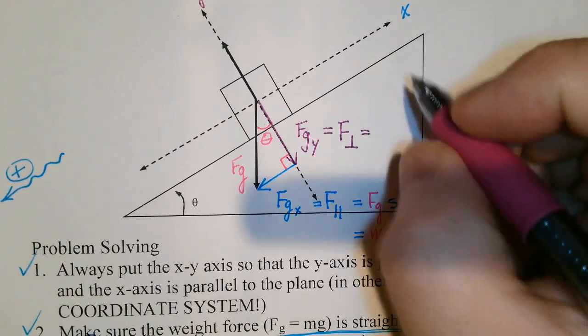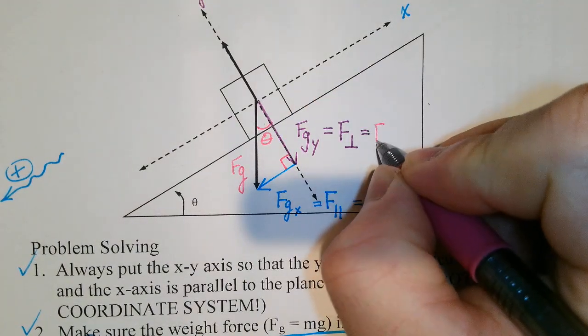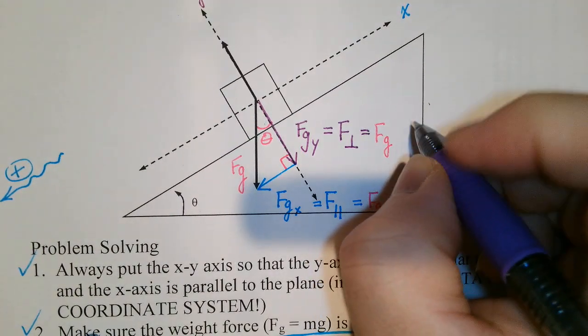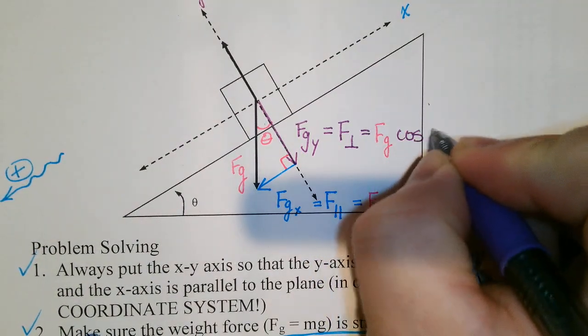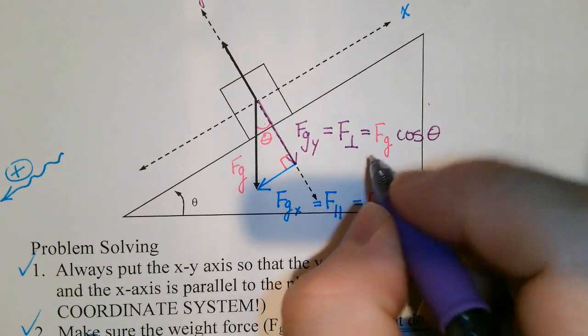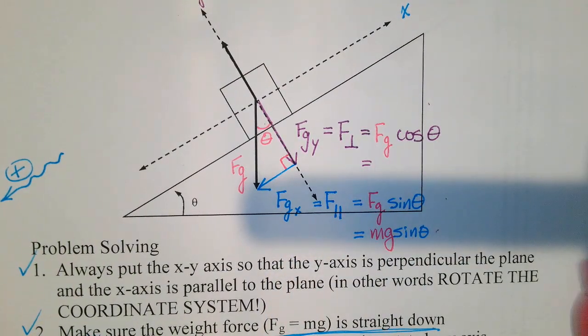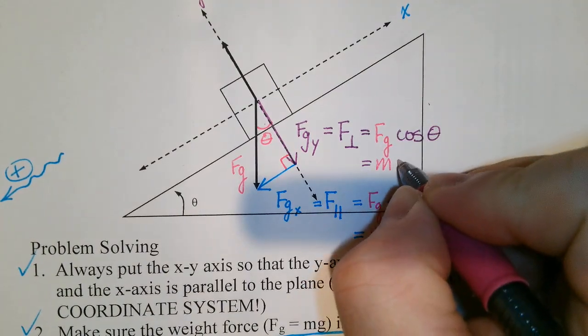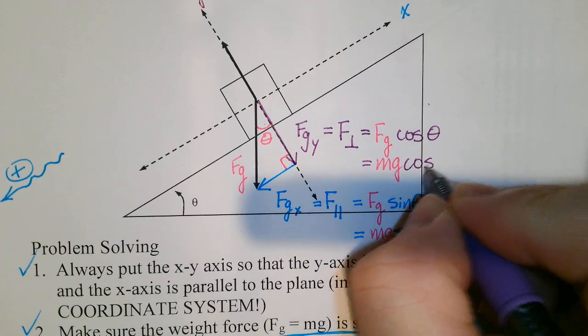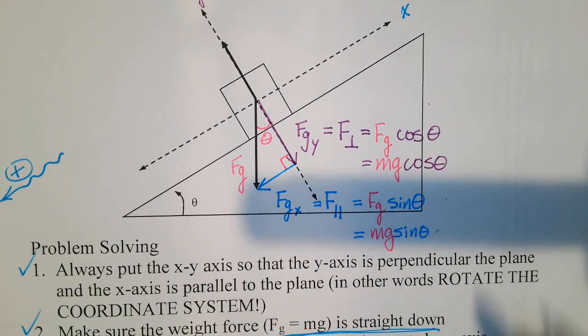Therefore, it is cosine, and it is Fg times cosine of theta, or otherwise simply mg cosine theta.